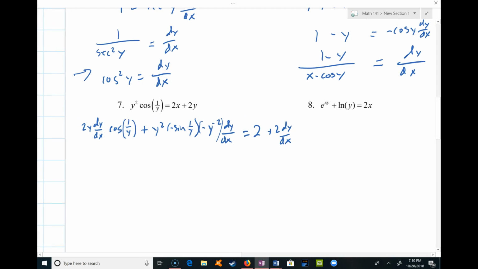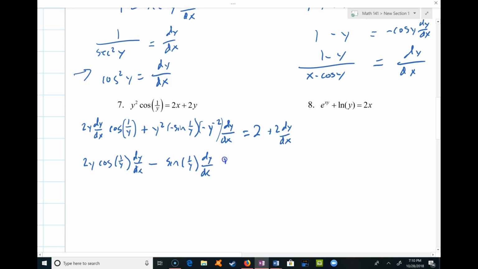So over here, I'm going to have a 2y cosine of 1 over y times dy dx. And over here, I'm going to have a minus sine of 1 over y dy dx.